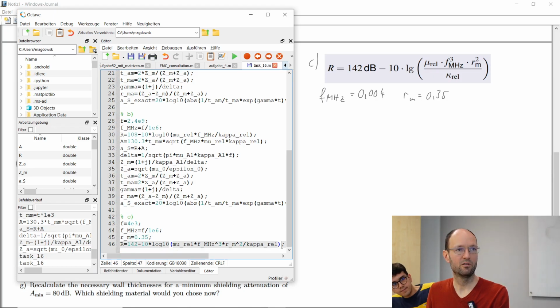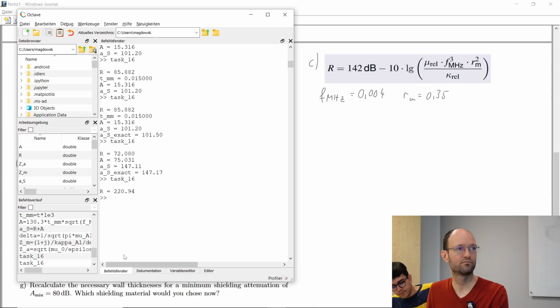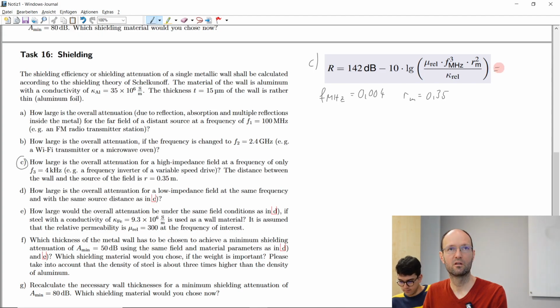So we see the value and it's 220, or 221 decibel. And this somehow makes sense, because if we go to some high impedance field, the field impedance will be higher than 377.